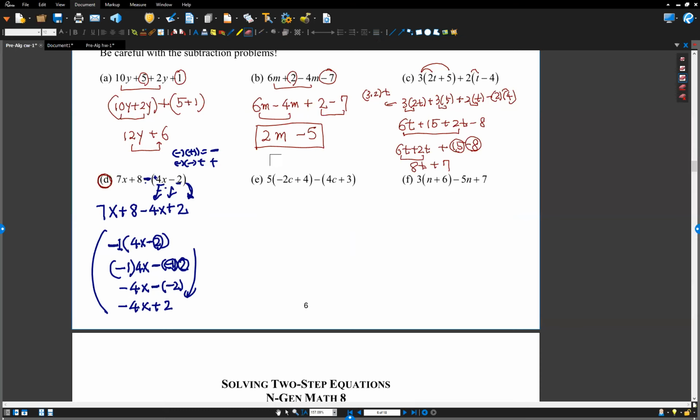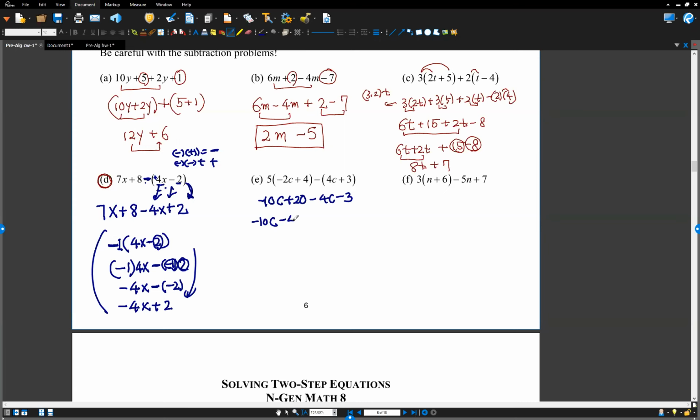When you're positive, no problem. That's 5 times -2 is what? -10c plus 5 times 4 is 20. But inside is a positive. When you have a negative, they change the sign. -4c, -3. That's it. Yes. All right. So -10c is okay.